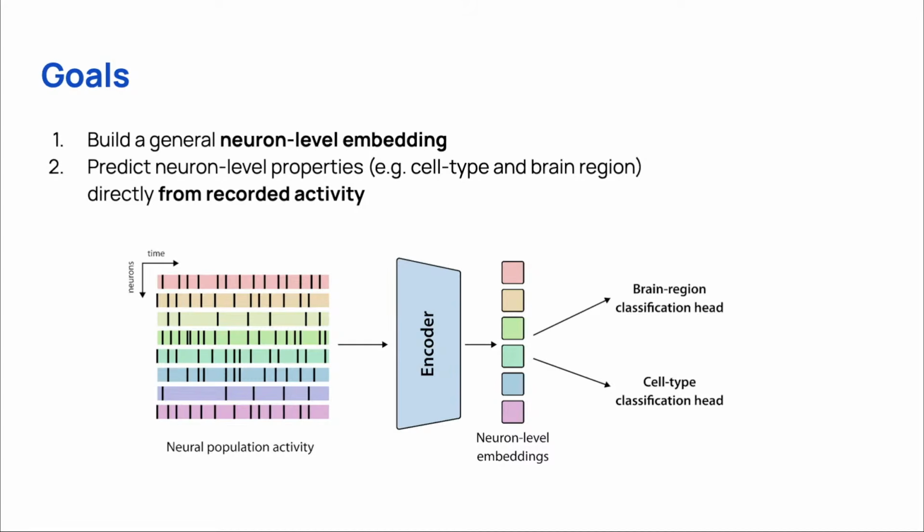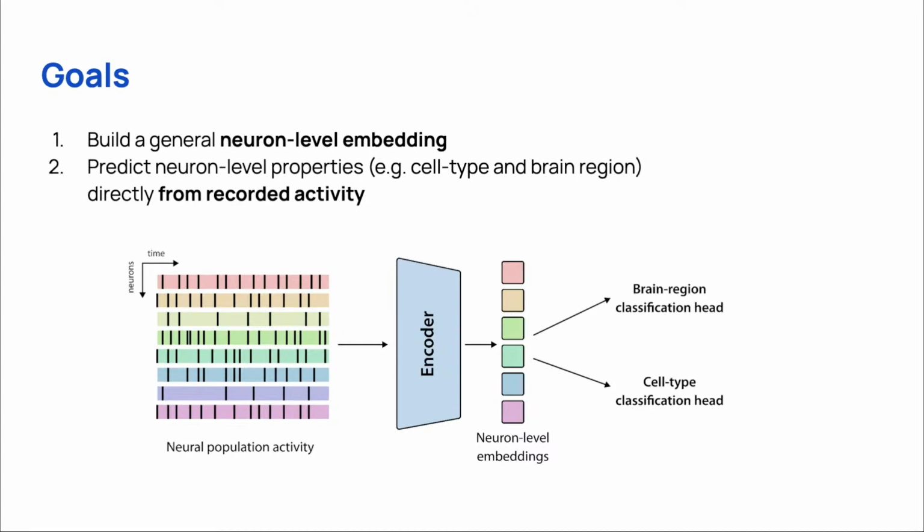And so the goal is to ask: can we, just from functional activity, or just from looking at the dynamics of a population, identify some attributes of all of the individual neurons within that recording? In particular, we have 2 key readouts. One is whether we can identify the cell type from those functional embeddings.